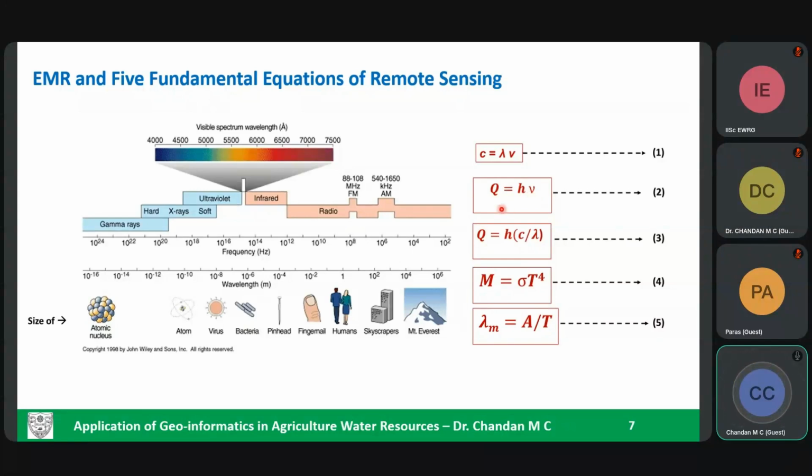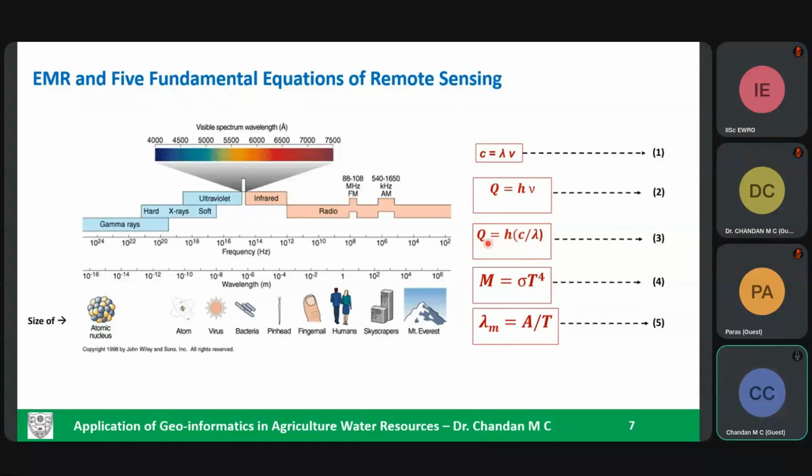Particle theory says any energy associated with a particulate matter is directly proportional to its frequency, nu. Now, if you take out the frequency term and replace it in terms of the velocity of light and the wavelength, this becomes Q is equal to hc by lambda, where h is called the Planck's constant.